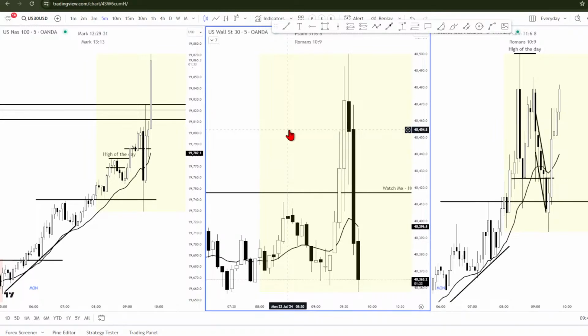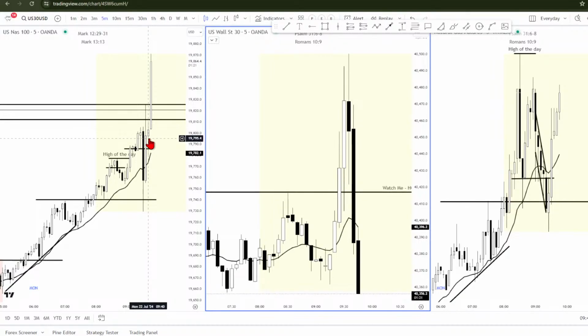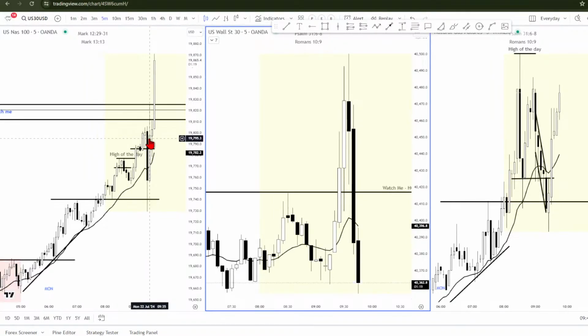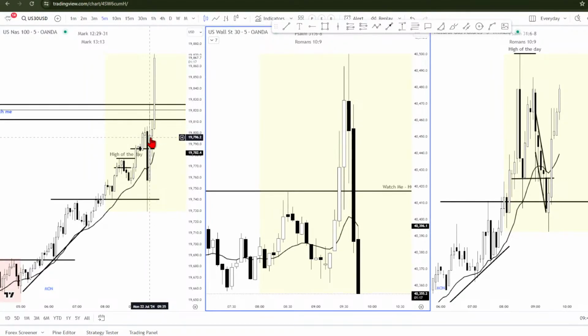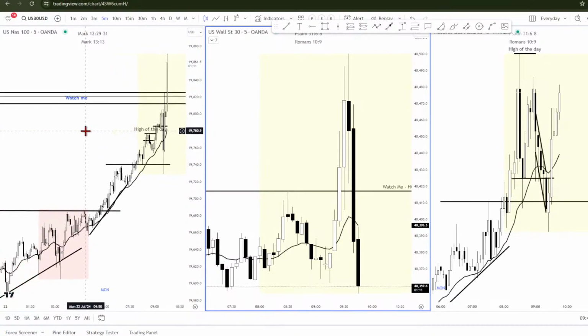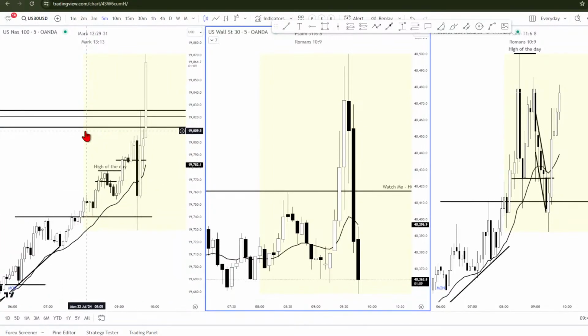Why didn't you take the inside pin? You're talking about this one right here on NASDAQ? Oh. That is not my playbook. This is not one of the setups that I'm looking for. And that is not what I was looking for at the beginning of the day.